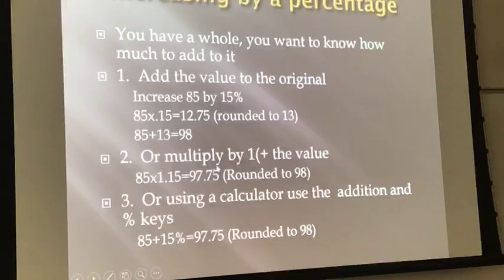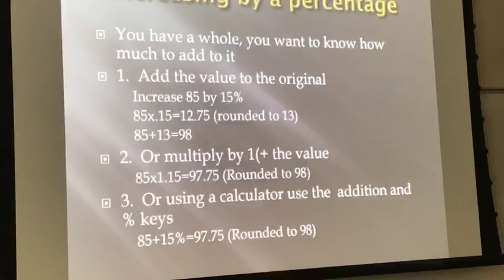Okay. The third way, and you've got to know your calculators, because some of your calculators are set up a little bit differently. What you can do is 85 plus 15%. And on some of your calculators, when you hit the percent sign, it is as if you hit the function key plus a zero, or plus the equal sign.